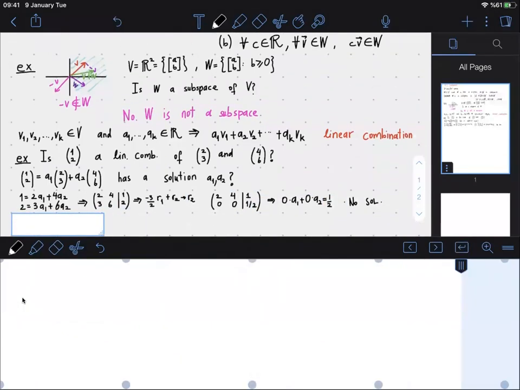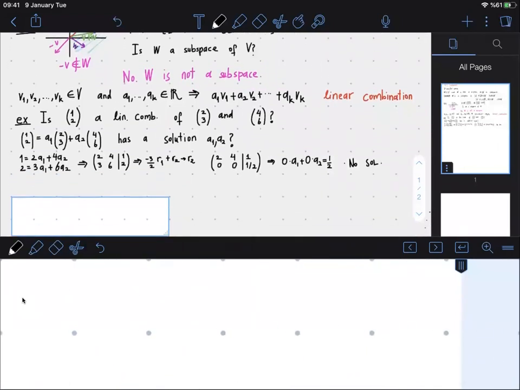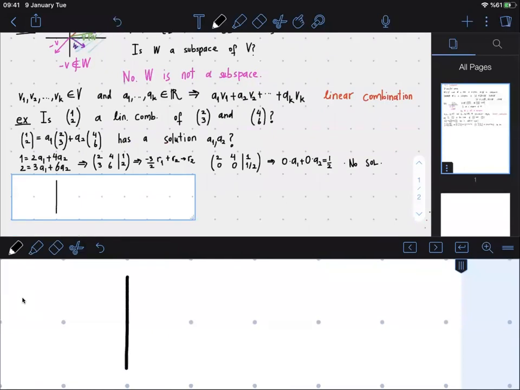Let me also explain this question geometrically. Let me draw the plane. We have the vector 1, 2, a vector like this.